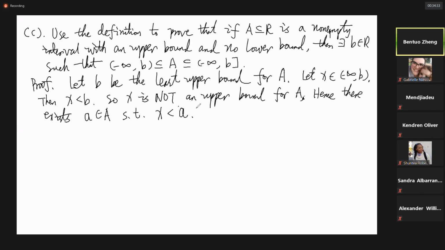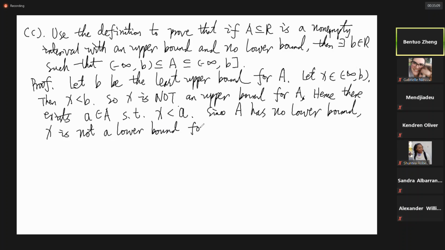Okay, since A has no lower bound, in particular, X is not a lower bound for A. So X is not a lower bound for A implies there is an element y in A such that y is less than X. Hence, X is less than a and greater than y.